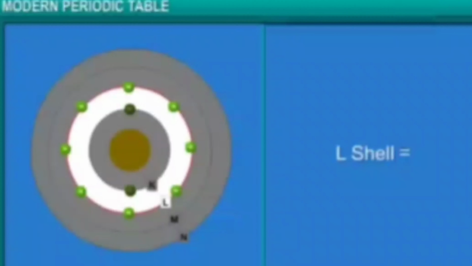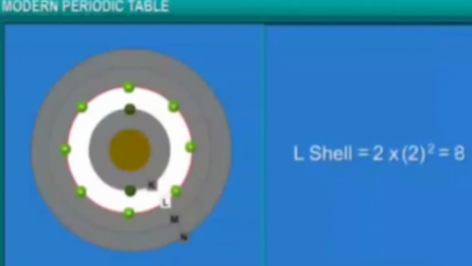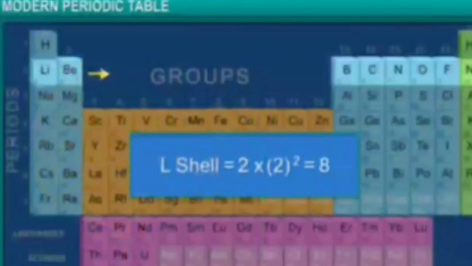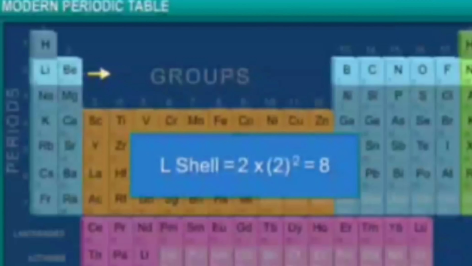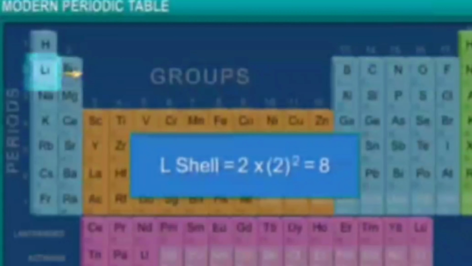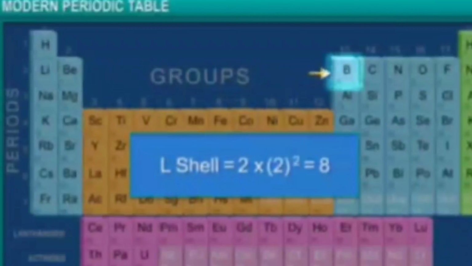While the second period, which occupies the L shell, that means the second shell, gives 2 into 2 squared, that is 8, which means the second period contains 8 elements and occupies 2 shells, because L indicates the second shell.